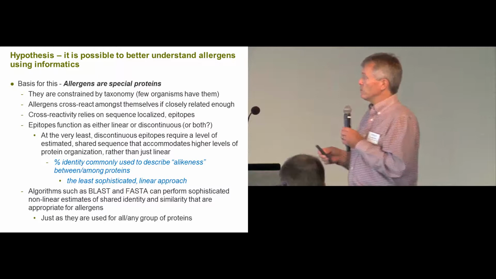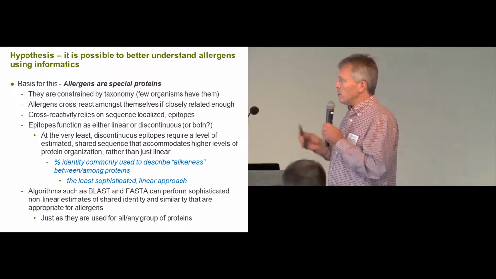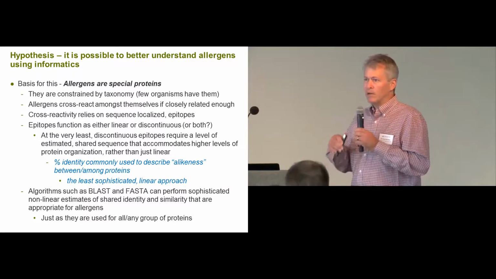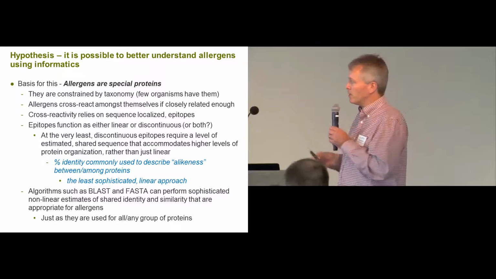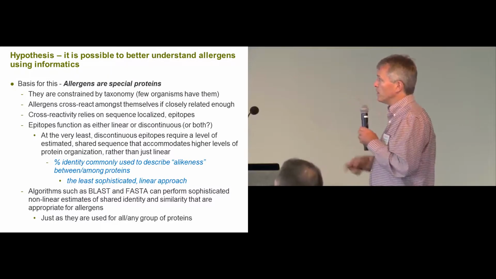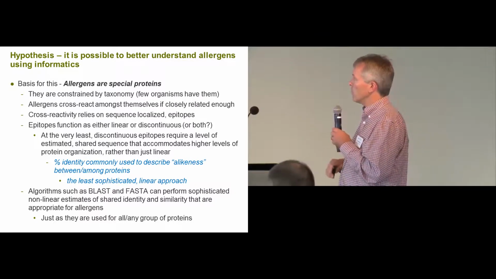So we know allergens are special proteins. Like I said, we have a qualified allergen database, so we know they're special clinically. We don't know a whole lot about them biophysically or biochemically, or not as much as we'd like to. But what we do know is they're constrained in a taxonomic way.